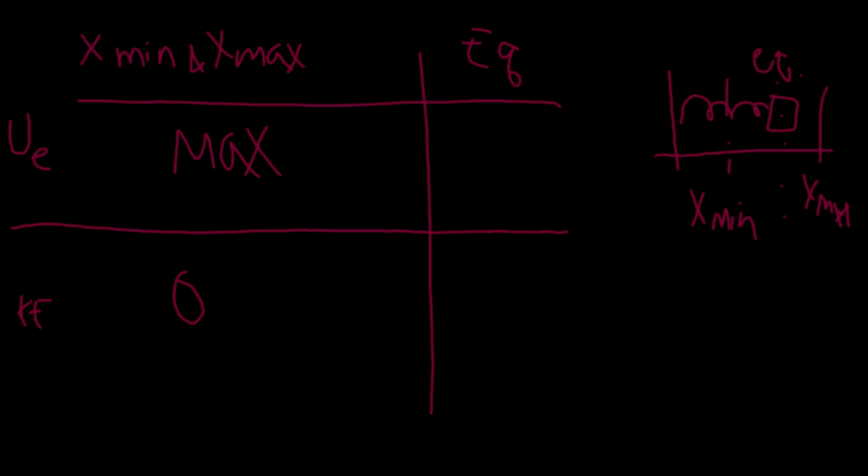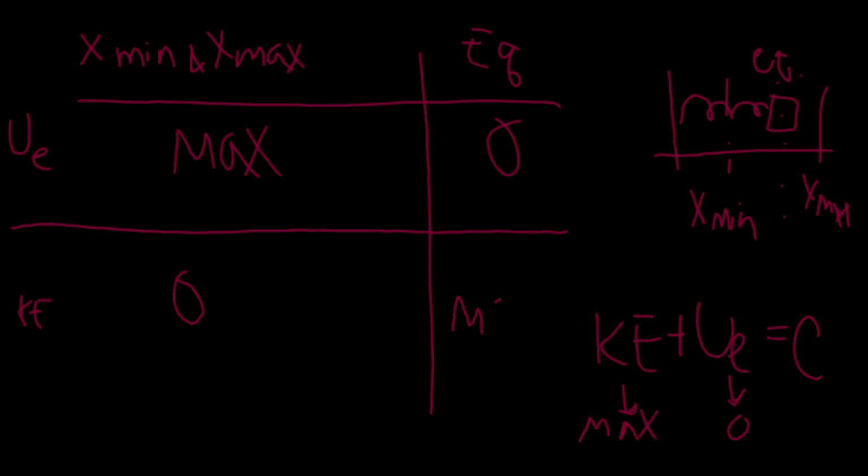Now at equilibrium, we have 0 stretch from equilibrium, so therefore we have 0 elastic potential energy. And because KE plus U sub E has to equal a constant, if this is 0, then this has to be at a maximum. So we have the maximum kinetic energy and thus the maximum speed when we are moving through equilibrium.